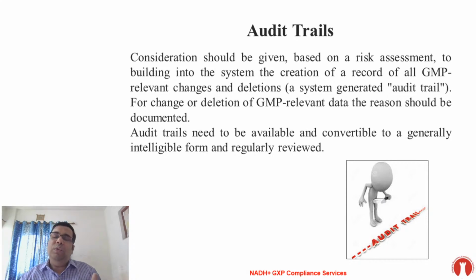Then from the next year you can have a frequency of once in 3 months for the accuracy check of the data, and after that in the 3rd year you can have once in 6 months, and then on a yearly basis you can have that procedure. You should not directly jump to once in 6 months or once in a year frequency of checking the data, because there are a lot of data flow procedures or data migration arrangements.